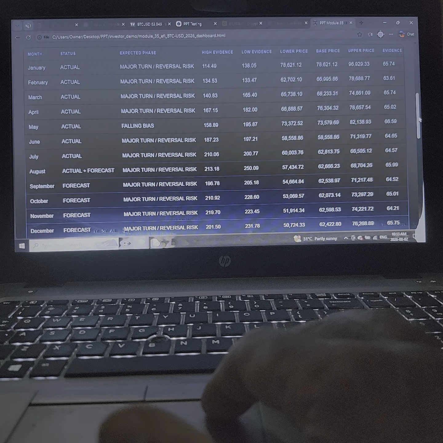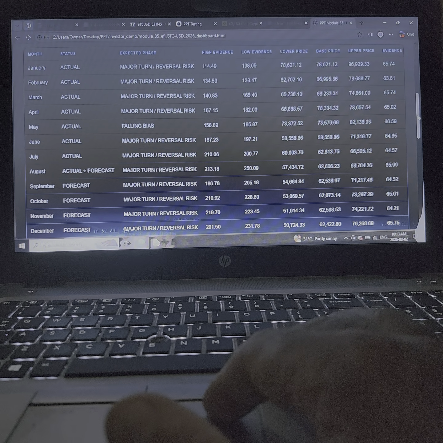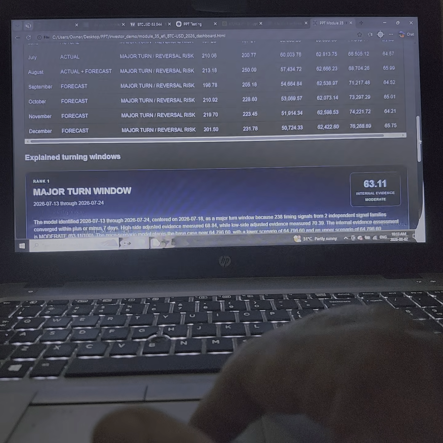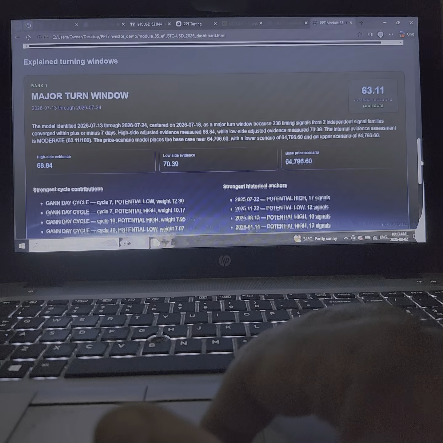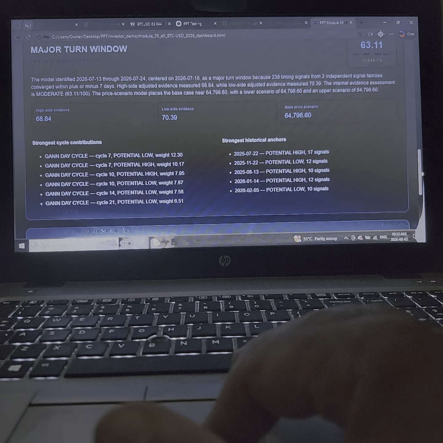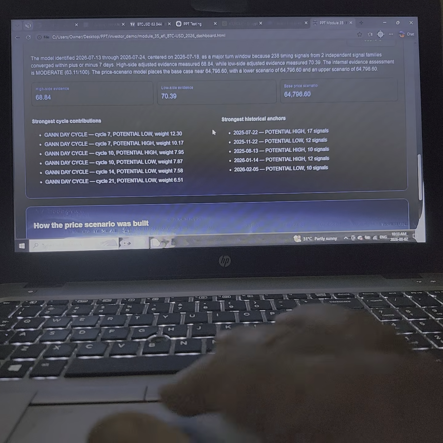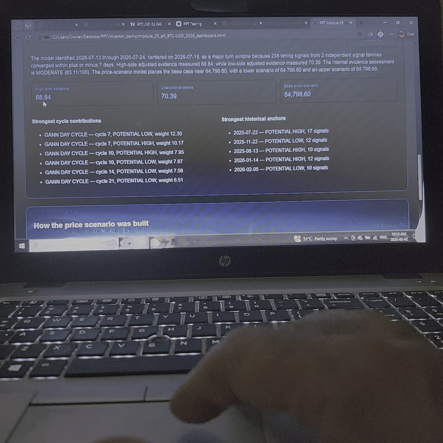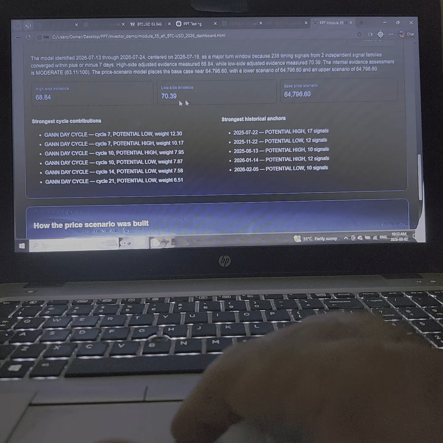So this is giving us the probabilities based upon the historical data that it was chewing through. It's telling us in here we have a high side evidence of about 68 and a low side percentage level of about 70%.